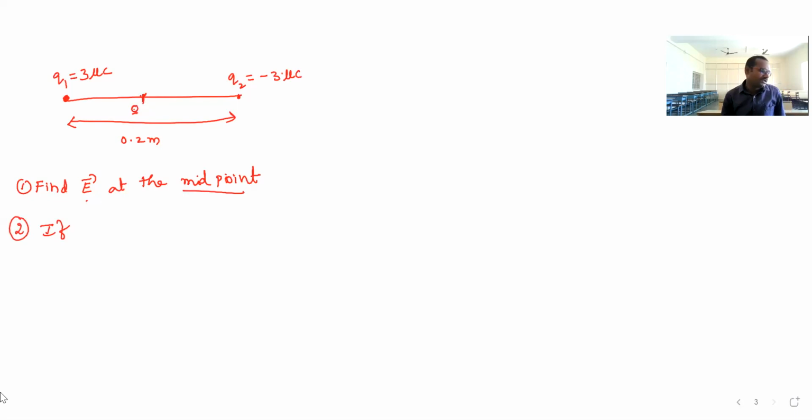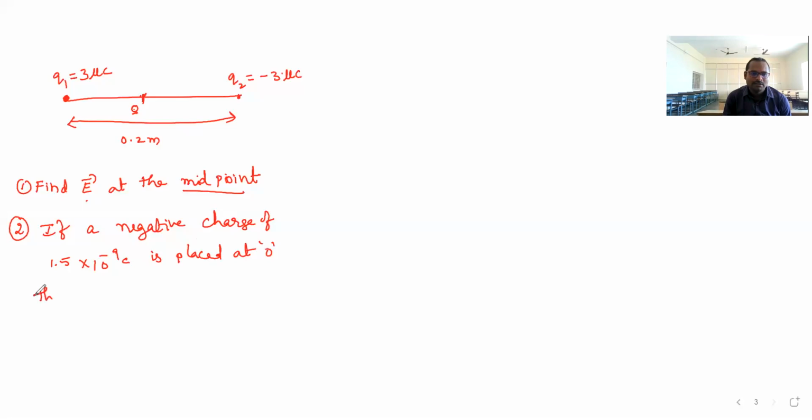Next, the second question is, if a negative charge of magnitude 1.5 into 10 to the power of minus 9 coulomb is placed at O, then find the force acting on it.